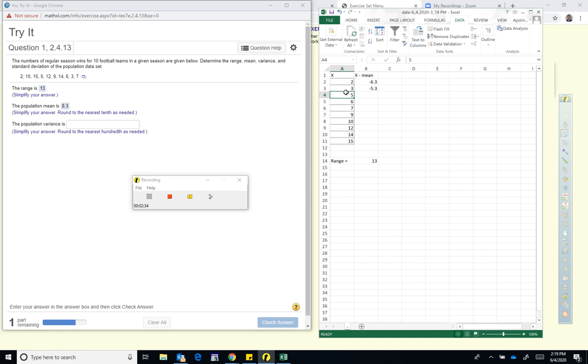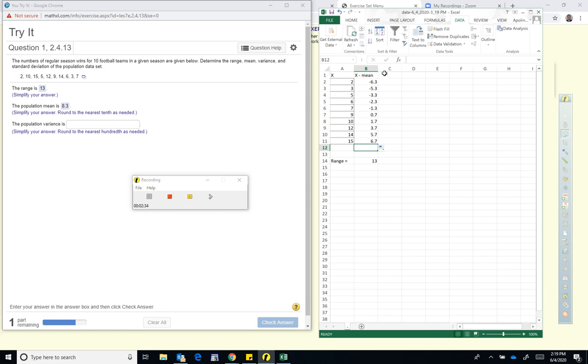And then this value is going to be this value minus the mean, 8.3, enter, and so on. So you can copy this formula. Excel understands that, for instance, here is going to be the A6, which is the 7, minus 8.3, which is the mean. So these are the difference between the values given in the data set and the mean.